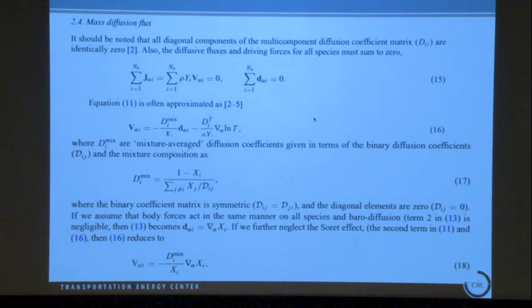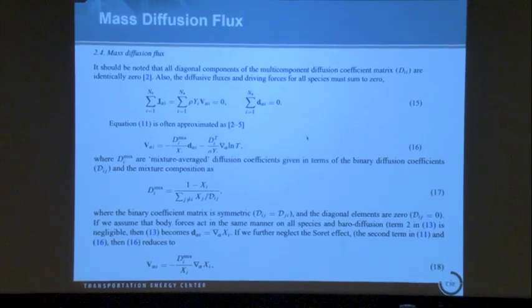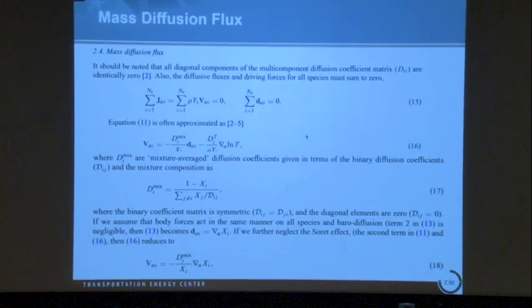And then the species diffusion velocities are often approximated, especially in our code, by mixture average diffusion coefficients, D sub mix, written in terms of binary diffusion coefficients, Dij, and the mixture composition, as given by equation 17, where the diffusion coefficients are symmetric and the diagonal elements are 0.